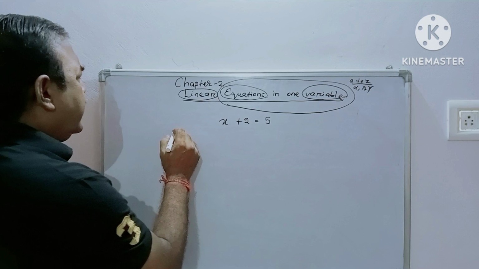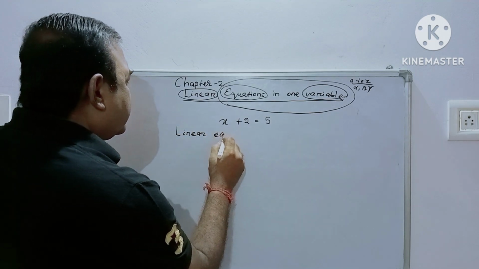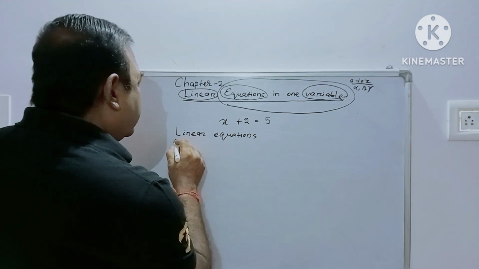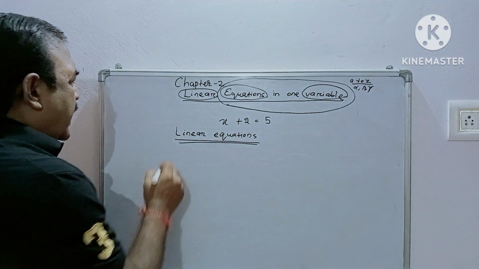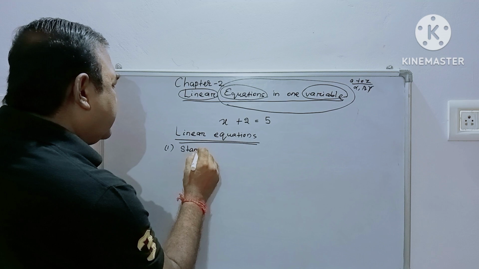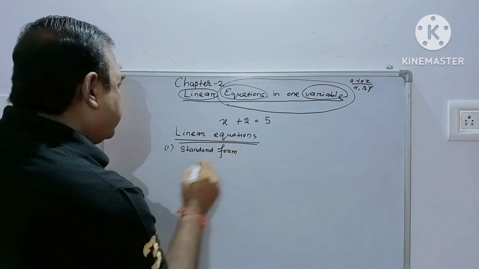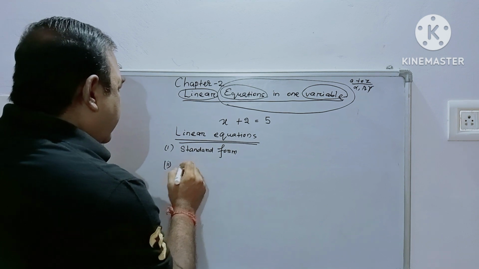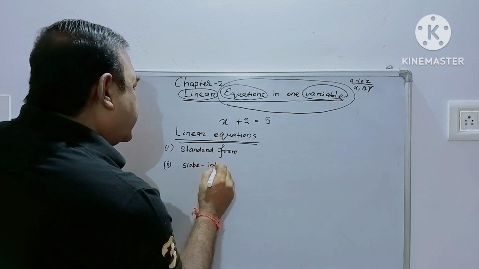You see, linear equations have standard form and slope intercept form.